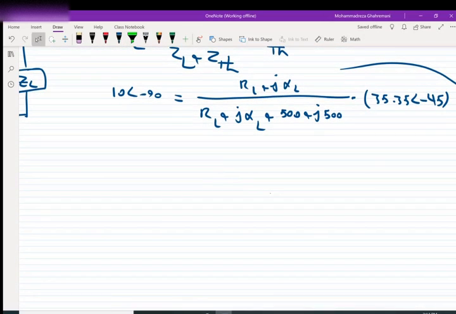Okay, so we continue. We divide both sides by 35.35 with the angle of negative 45.